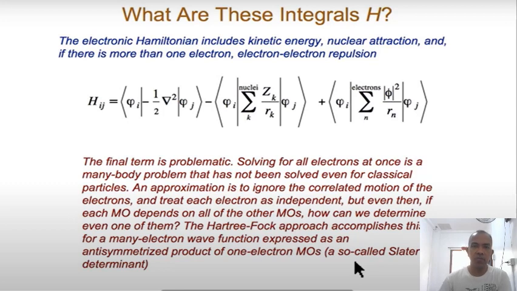So, the integrals themselves are buried in that Hij, orbital H orbital, integrated over all space. It included kinetic energy integrals, one-electron nuclear attraction integrals to all the various nuclei, and finally the repulsion of all electrons with all the other electrons.